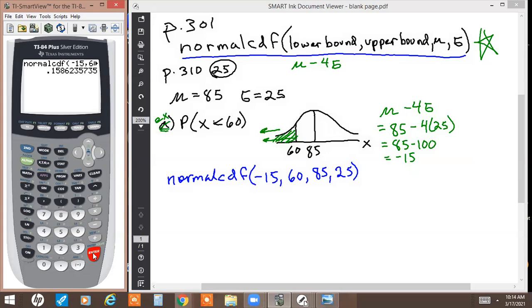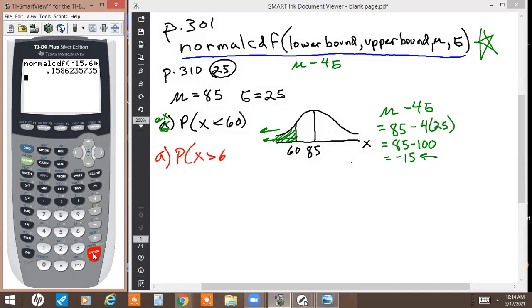All right, so we know where we got this negative 15 from, to make a lower bound, right? Here is actually what part A in your book is asking. What's the probability that it's greater than 60? In other words, from here up.